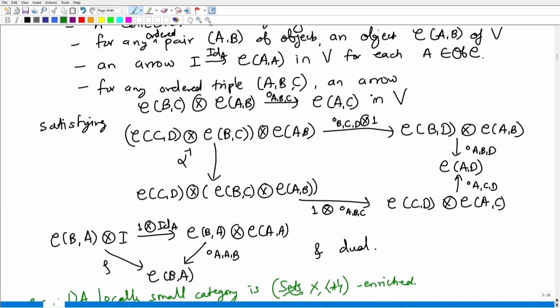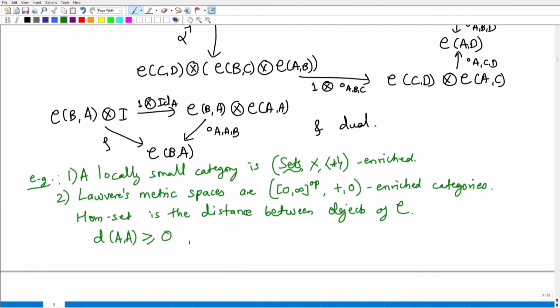Okay, so distance from B to C plus distance from A to B is bigger or equal to distance from A to C. So that's why these are called pseudo quasi-metric spaces. Of course, not all properties are being satisfied.